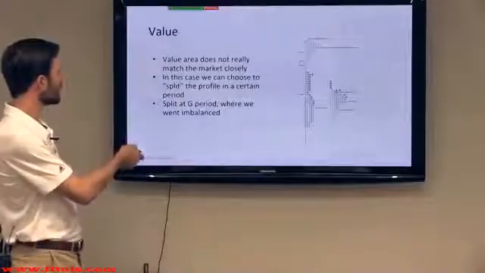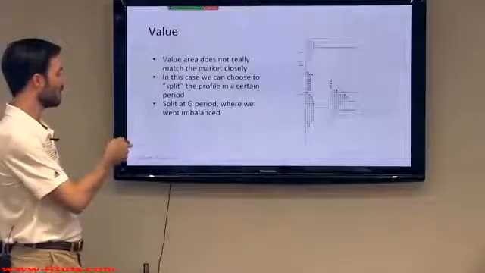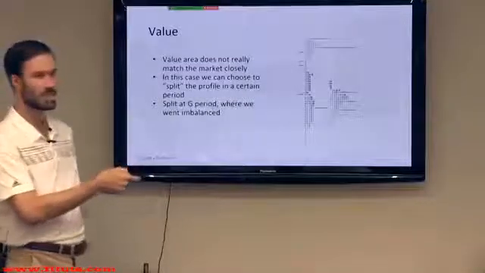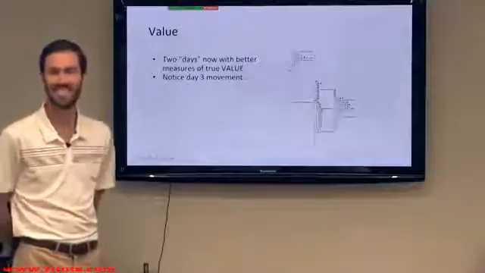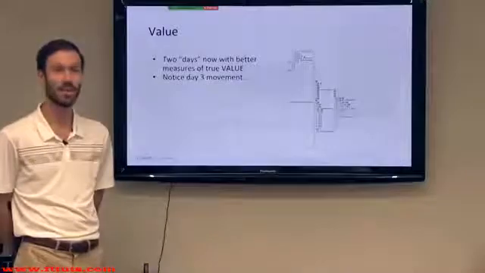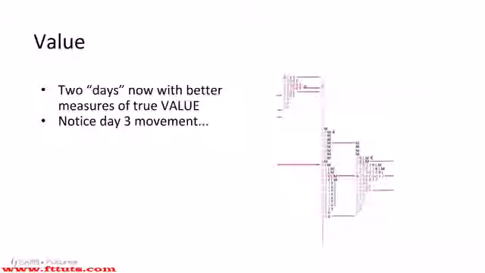Look at this value area low, value area high. Not representative of that day. Now look at that. And look at what day 3 did. Look at how it traded relative to the lower distribution of day 1. It totally defined day 3's movement, that value area.